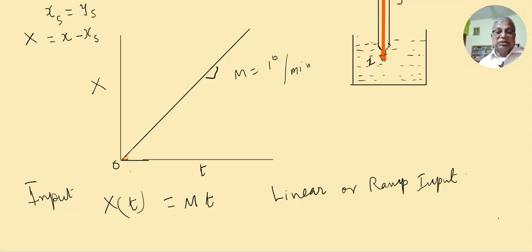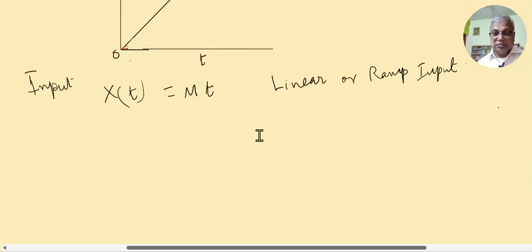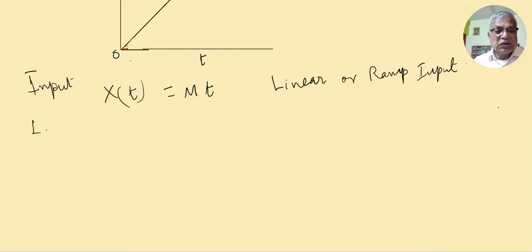Now how do you find the response? By the usual method, by taking Laplace transform. So take Laplace transform of this. X of s equals, what is the Laplace transform of t? It is 1 by s square. So X of s is m by s square.